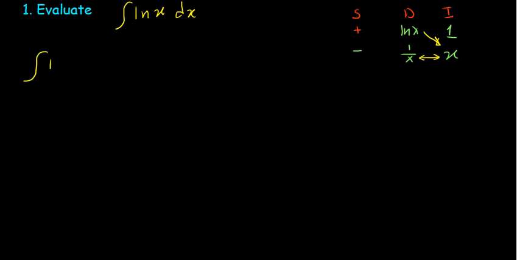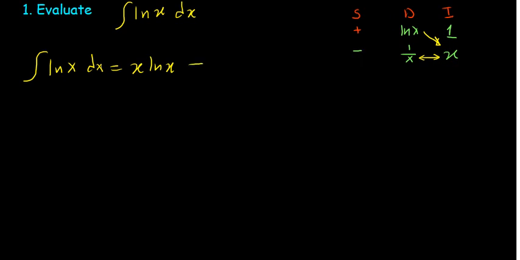So we are saying the integral of the natural log of x dx is going to be equal to, if we multiply natural log of x by x and also by a positive, that will simply give us x natural log of x. We have got a negative, multiply this, also multiply that. So I'm going to put that negative here.